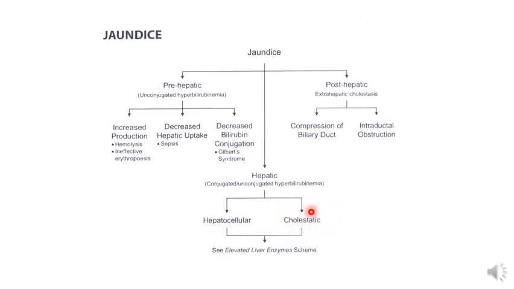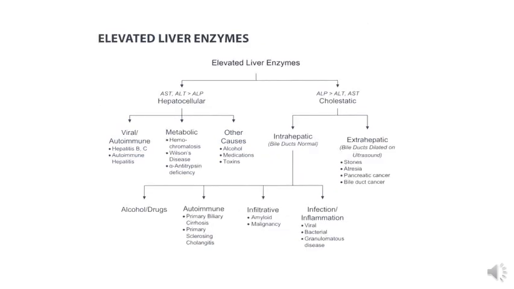So there may be elevated liver enzymes. See the elevated liver enzymes here, with a hepatocellular cause or a cholestatic cause. In cases of hepatocellular injury, alanine aminotransferase and aspartate aminotransferase rise more than alkaline phosphatase.